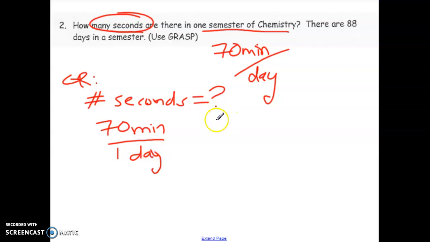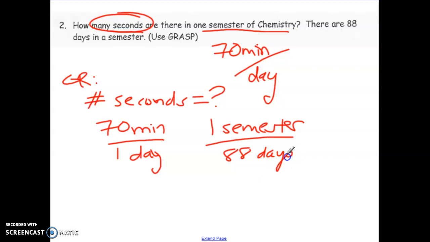We also know that in one semester, there are 88 days. And we know that in 1 minute, there are 60 seconds, because eventually we need to convert minutes into seconds.